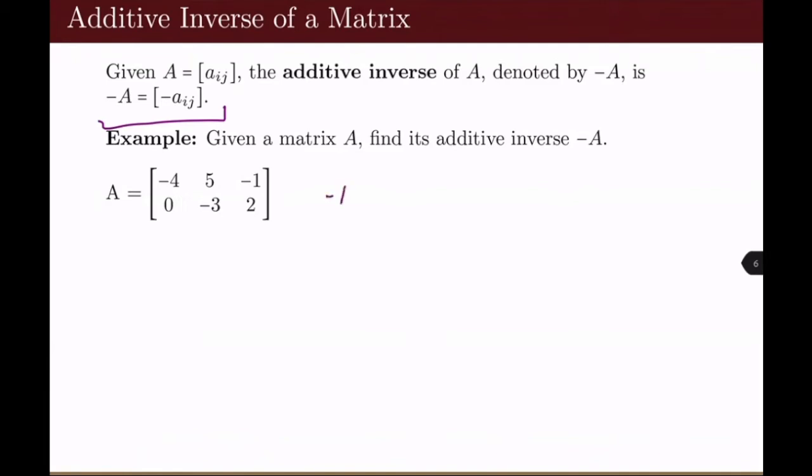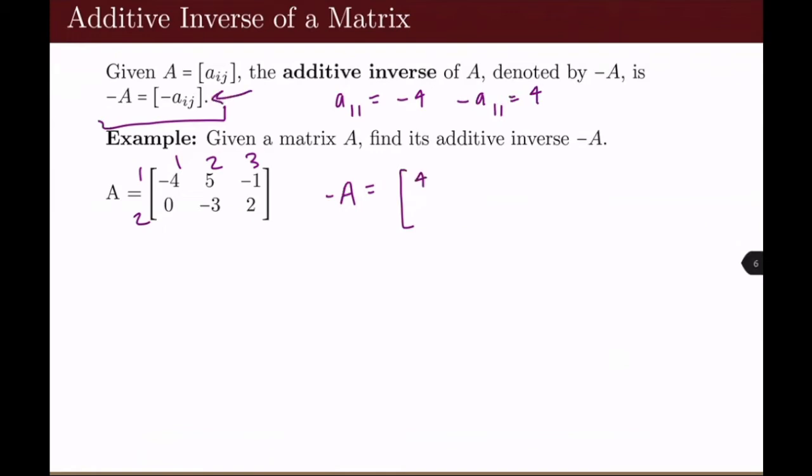So -A would equal, we look at row 1, column 1. So A of 1, 1 is equal to -4. That means -A of 1, 1 is going to be 4. And that's what this notation right here is saying. You just take the negative of each entry.